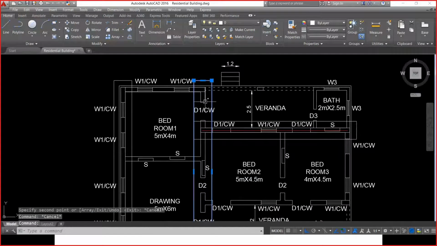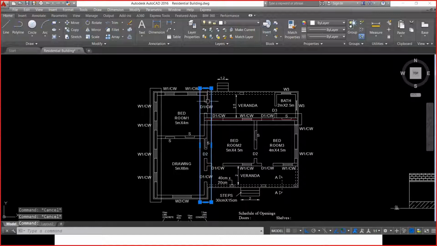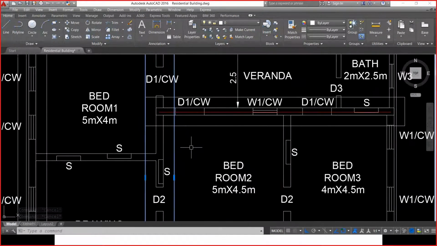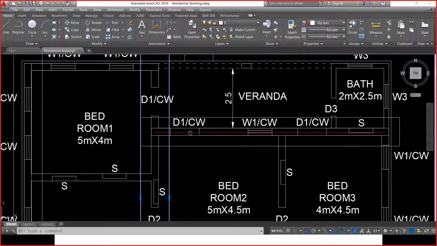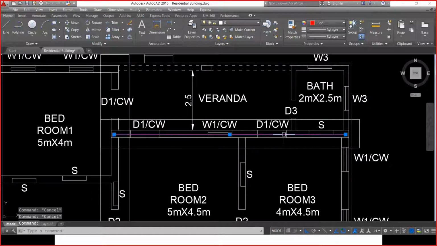Let us assume this is indicating the excavation. These bigger rectangles are indicating the excavations, because I've already done the excavation for this long wall, drawing room and bedroom number 1. When you look at this area, if I just consider the length, center to center distance multiplied by width multiplied by depth, I'm going to consider this area which is being overlapped.